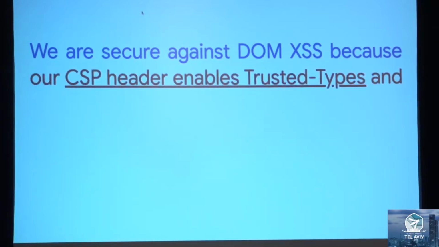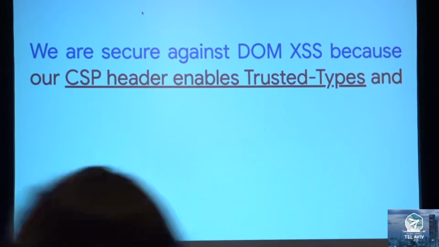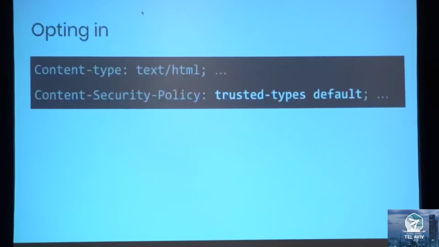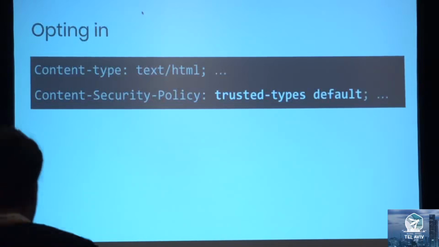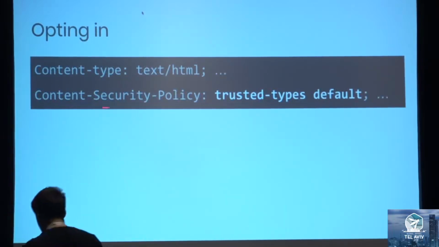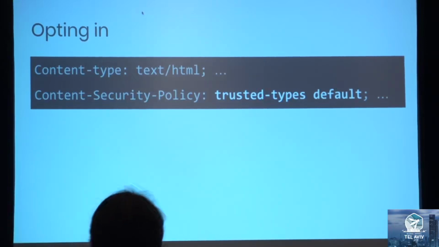What trusted types gives you is, if the code is running on a browser that supports trusted types, or you've loaded the trusted types polyfill, then you can opt into trusted types by tweaking a CSP header. So you can see here that the content security policy header has this new clause, which is trusted types.